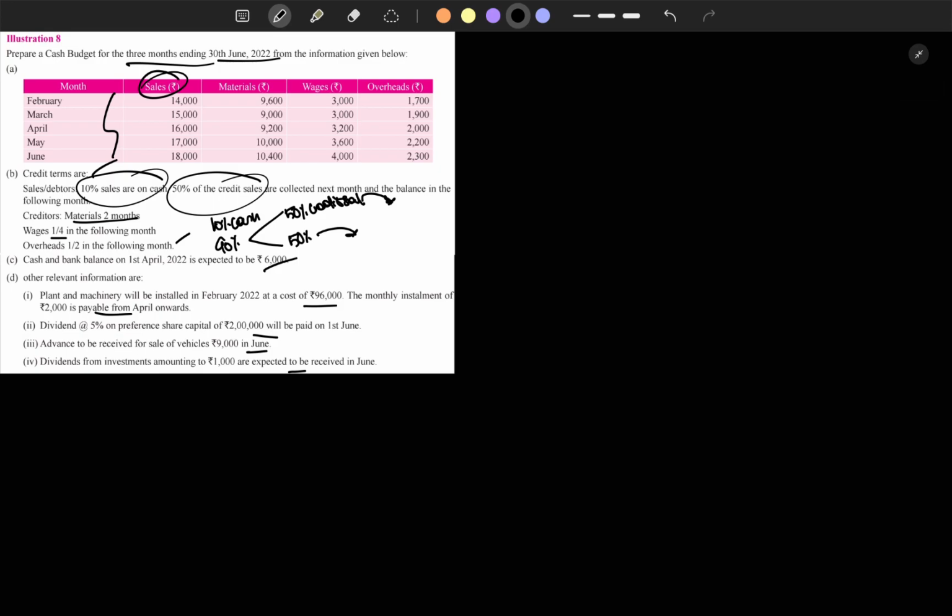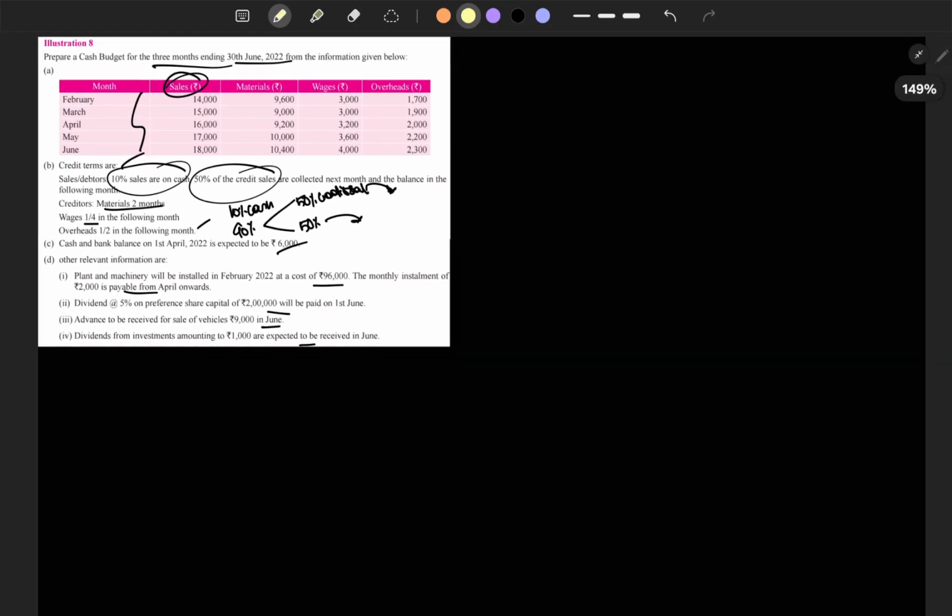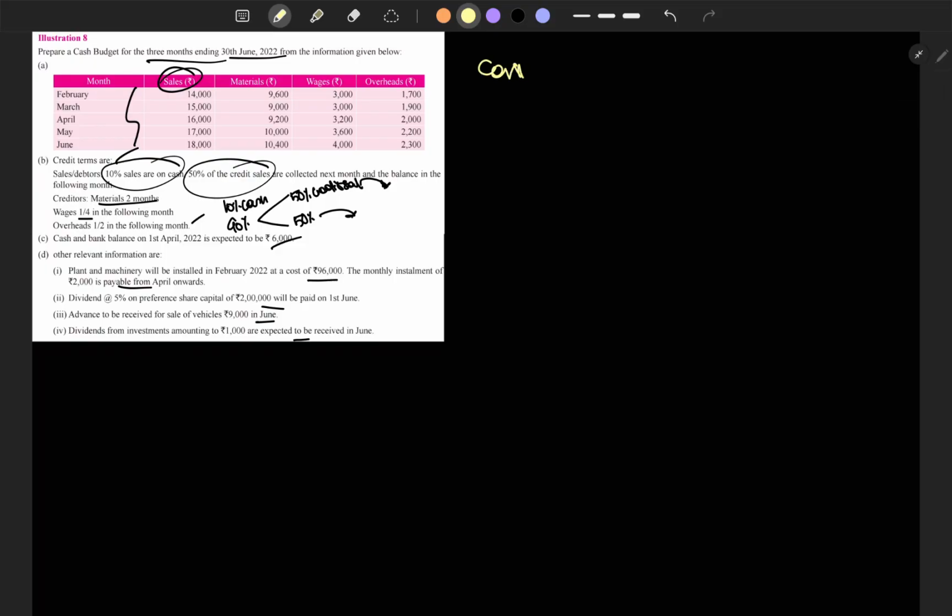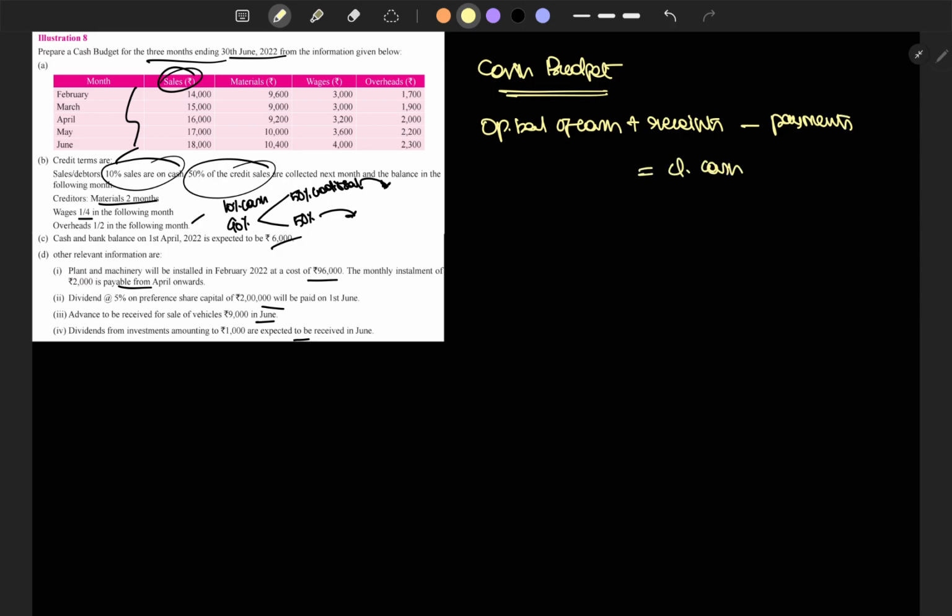In the question itself, we can see that a lot of payments and receipts were given. So what is the cash budget referring to? The cash budget is the same kind of thing as the cash book. It is the opening balance of cash plus receipts, minus the payments which we made, which gives us the closing cash balance, which is the cash in hand after receiving and paying all the things.